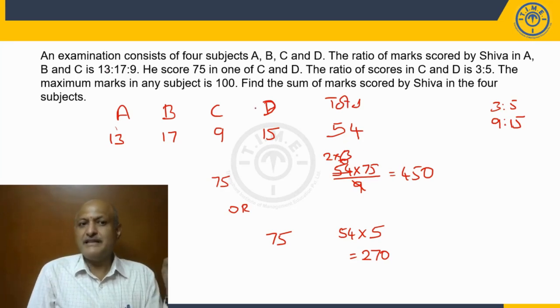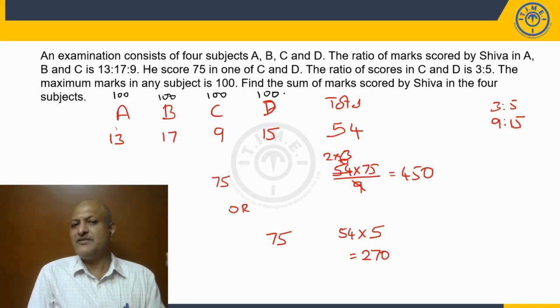So it looks like there are 2 possibilities here, but one more condition is also given. The maximum marks in any subject is 100. If the maximum marks for A is 100, for B is 100, for C is 100, and for D is 100, the total maximum marks should be 400 only.